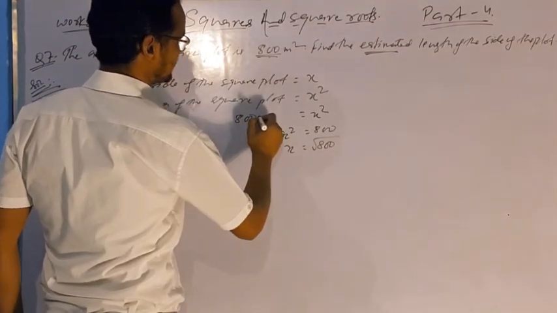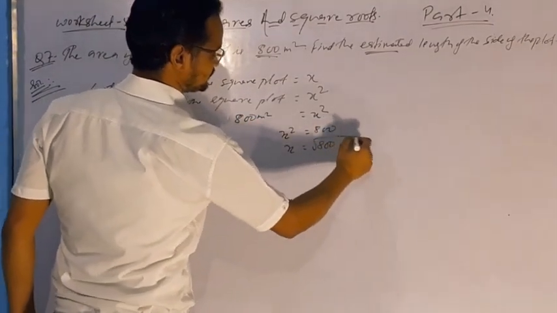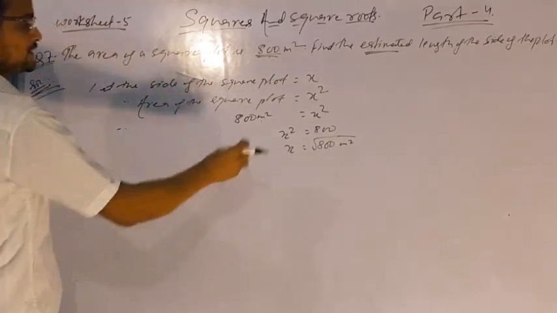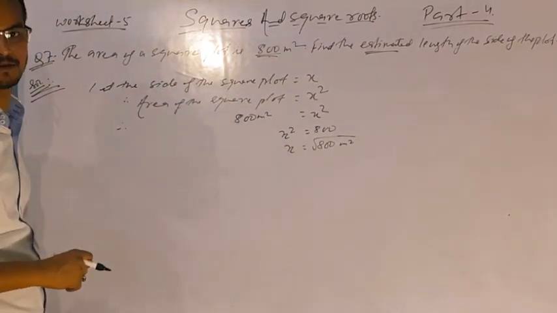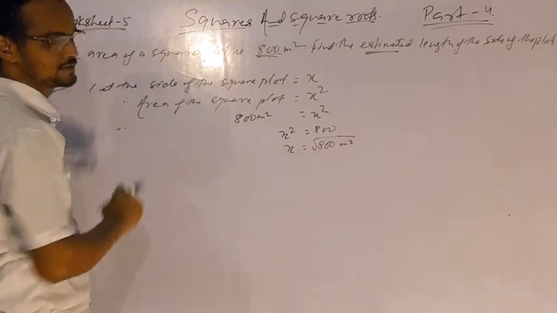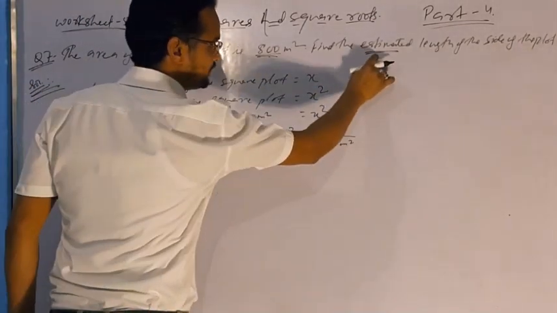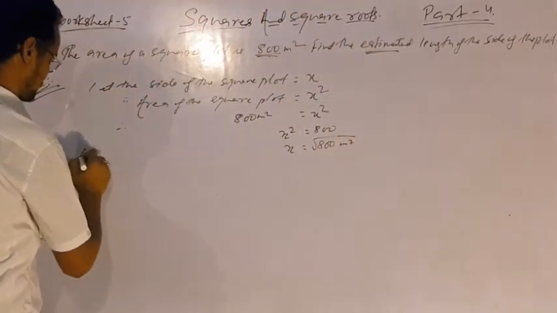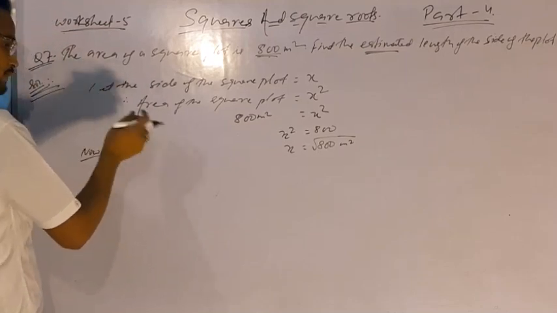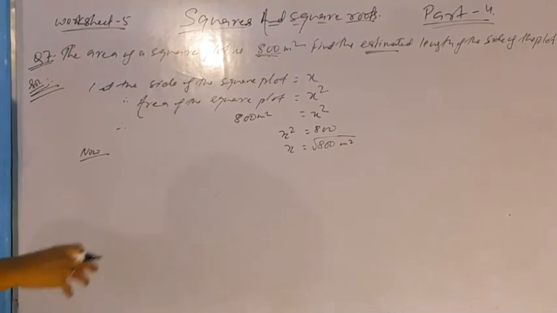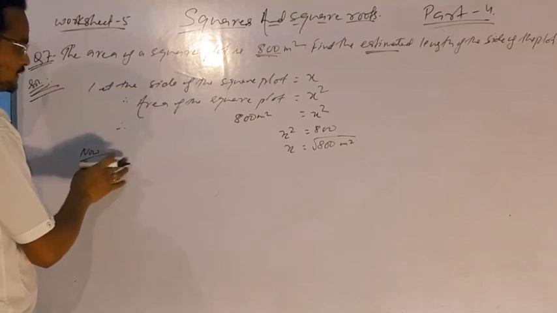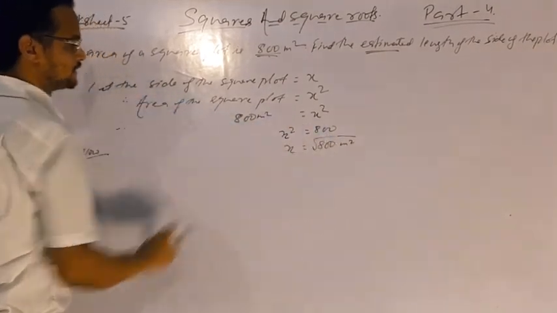Here we will see that this 800 is not a perfect square number. So we have to find the square root of this 800, and we will do the process of estimation now. And from question number 5, we will find the estimated value of the side. Now we will find the square root of this 800.